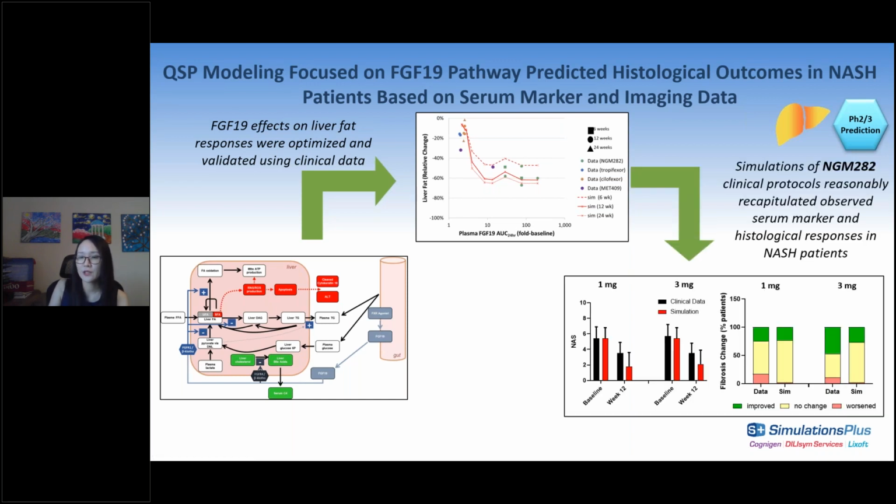Subsequently, we ran simulations of NUM282, an FGF19 analog, and the simulated serum markers, which were not used in optimization, such as plasma ALT and serum C4, were consistent with clinical observation, and the simulated histological responses such as NAS score and fibrosis improvement also recapitulated clinically observed data.